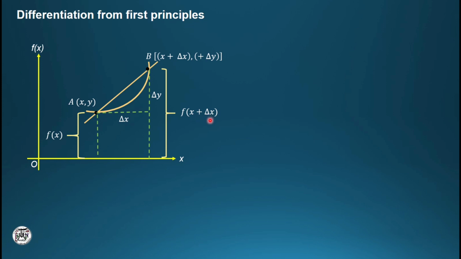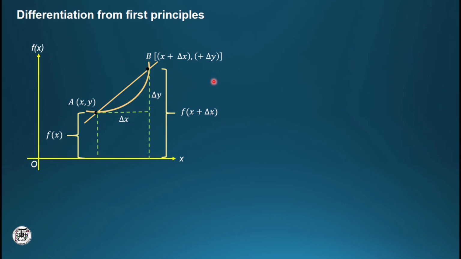In the previous graph, here is f of x sub 2, where x sub 2 corresponds to y plus delta y here. That is equivalent to the distance f of x plus delta x.